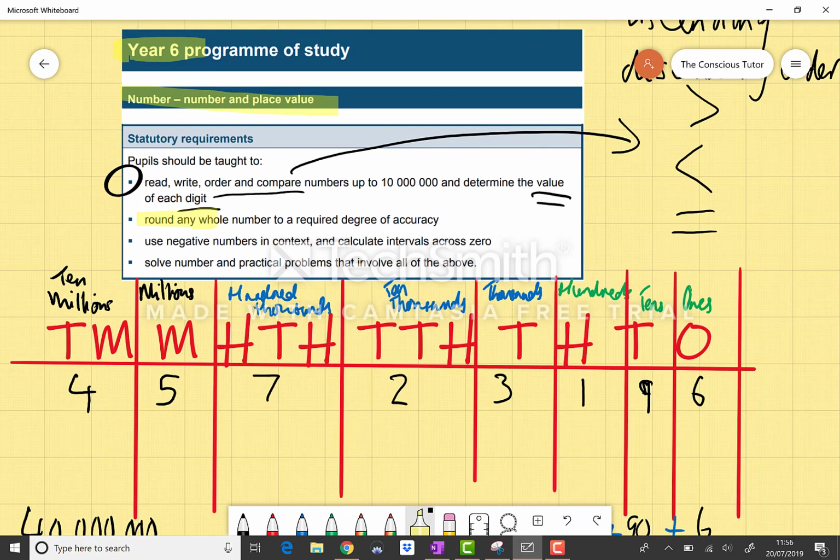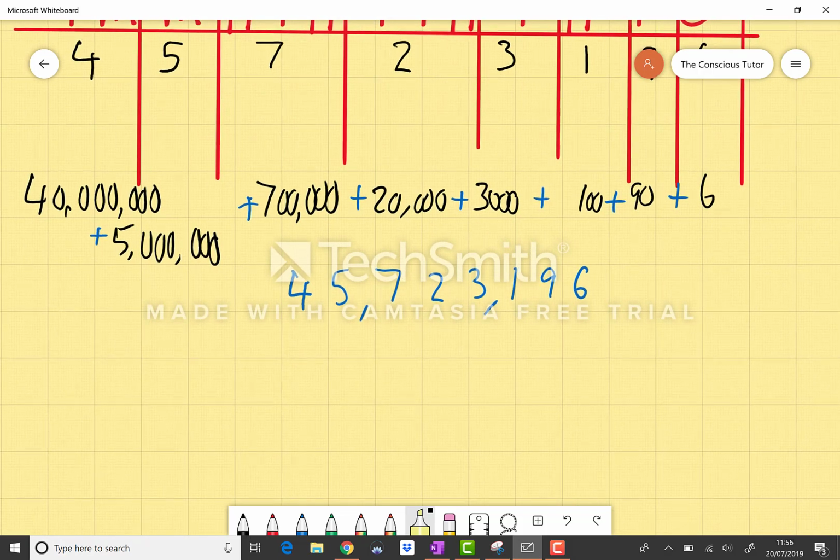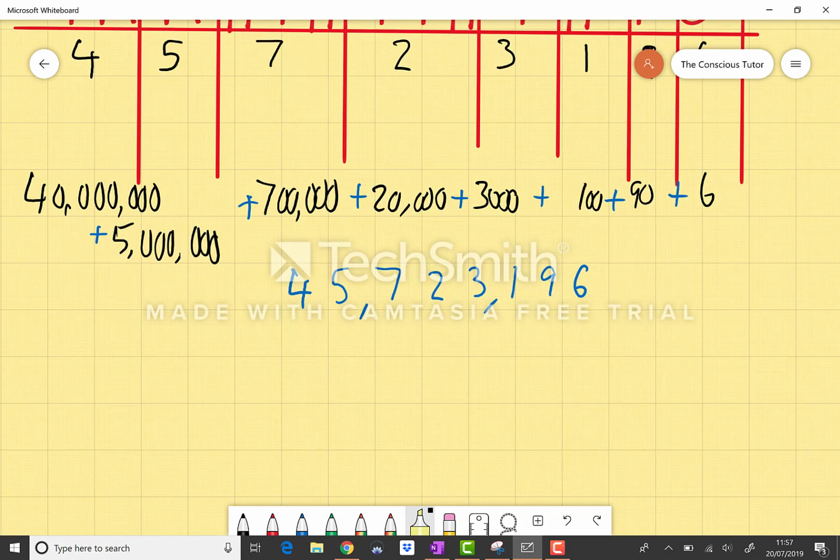Children need to also be able to round any whole number to a required degree of accuracy, which basically means rounding whole numbers to the nearest 10, 100, 1,000, 10,000, 100,000, million, and sometimes even the 10 millions.